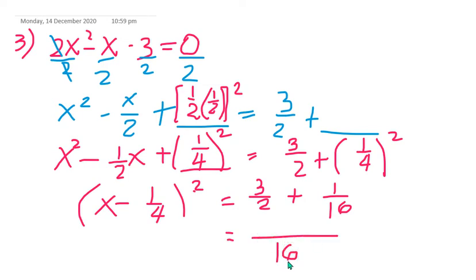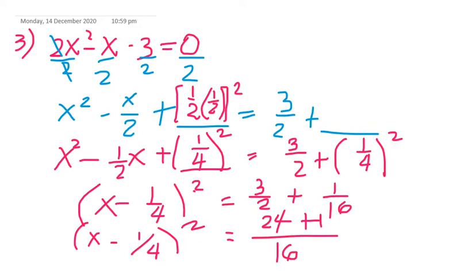The LCD is 16. 16 divided by 2 is 8 times 3 is 24, plus 16 divided by 16 is 1 times 1 is 1. So this is now x minus 1/4 is squared.